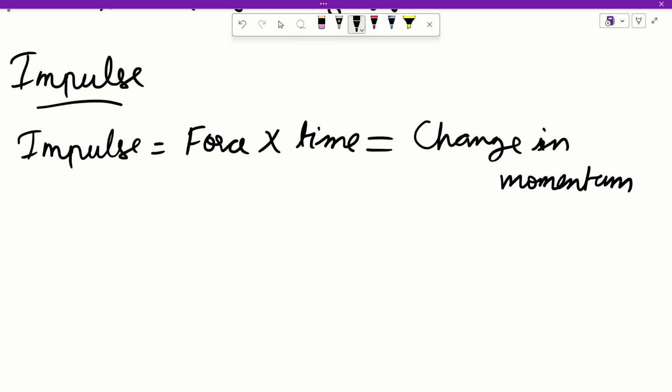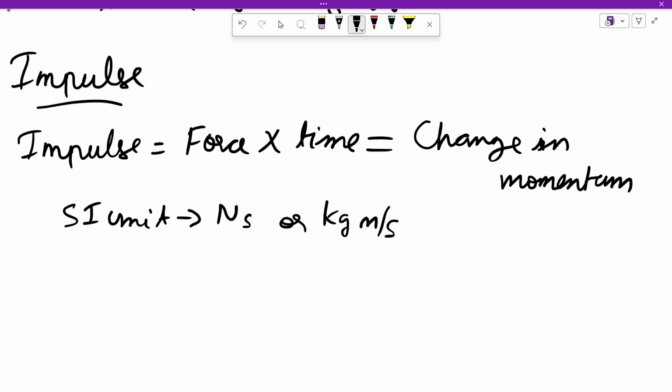Its SI unit is Newton second or kilogram meter per second, and its dimensional formula is MLT raised to minus 1. Impulse is also equal to the change in momentum of an object. It is a vector quantity.